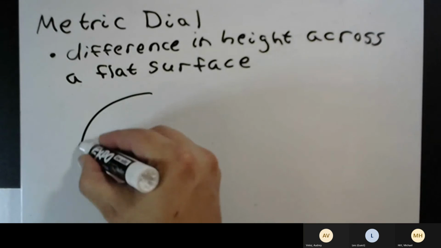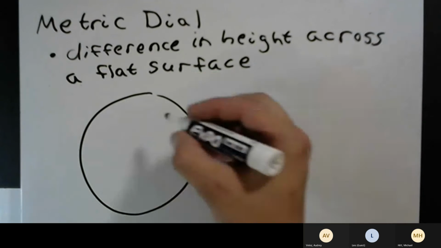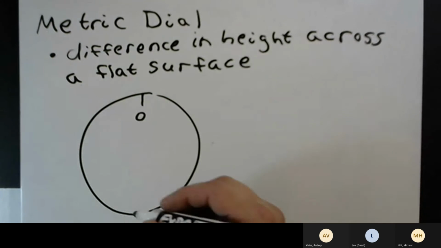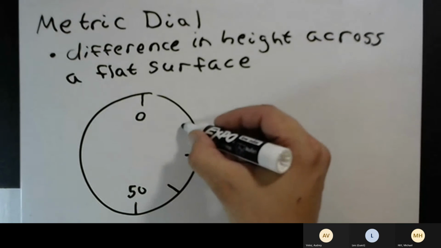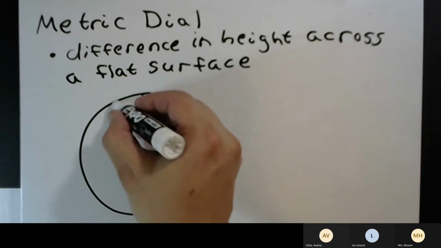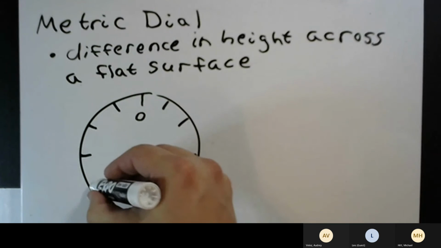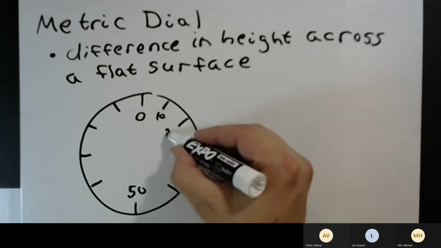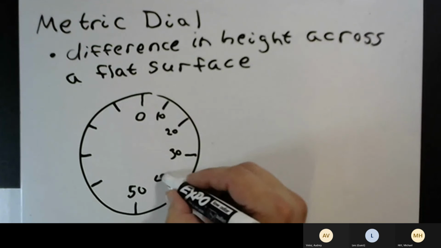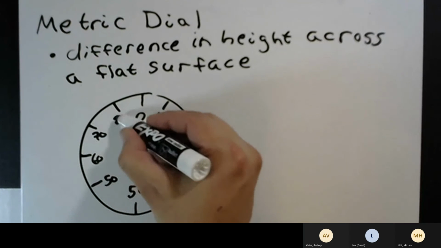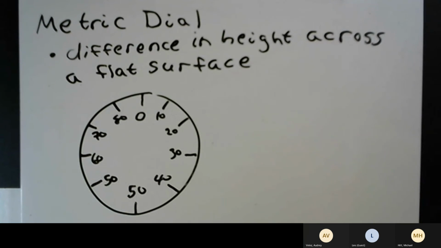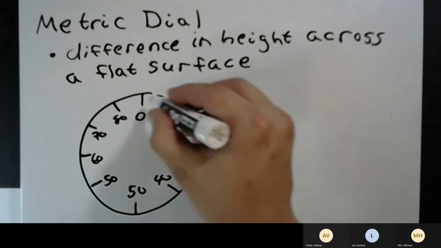So you're going to have two scales. So this larger dial, and this is what's kind of strange about these, the larger dial is actually going to be the finer measurement.